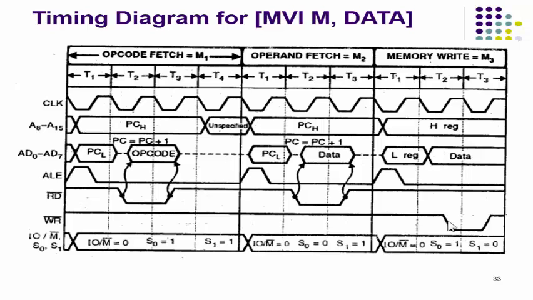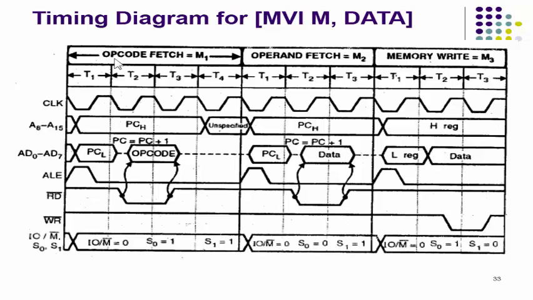In the second T state, T2, the write bar signal is made low by the processor. After the completion of the data writing operation in the memory device, the write bar control signal is made logic 1, or high, to indicate the data writing operation is over.